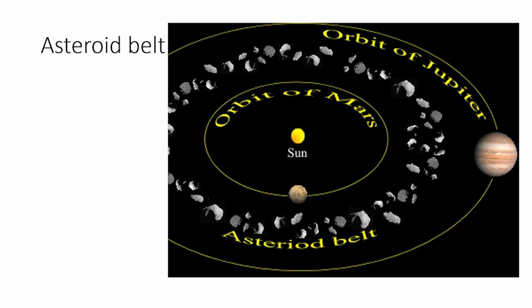Can you see the asteroid belt in this picture? The belt of asteroids is called the asteroid belt, and it lies between the orbits of Mars and Jupiter.